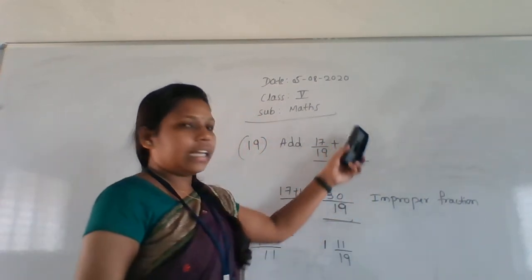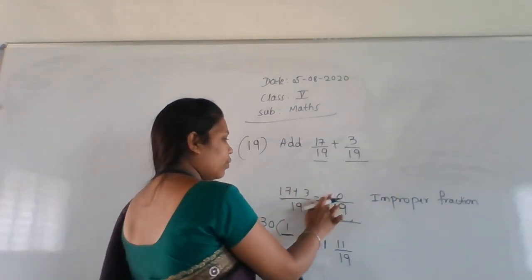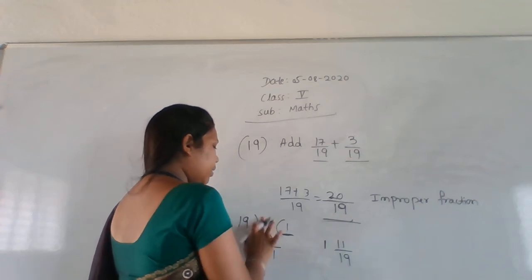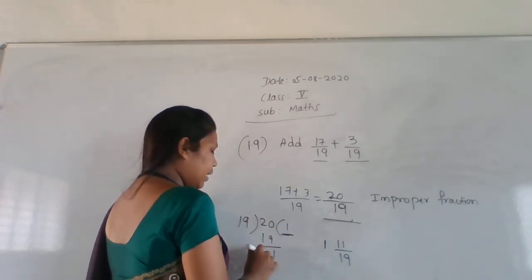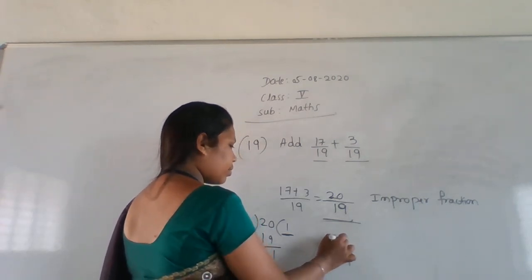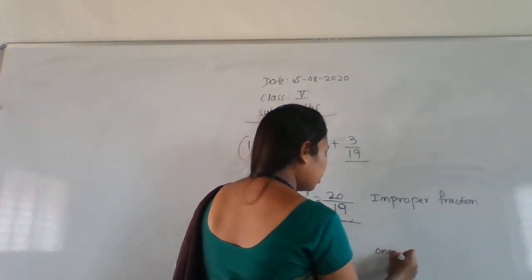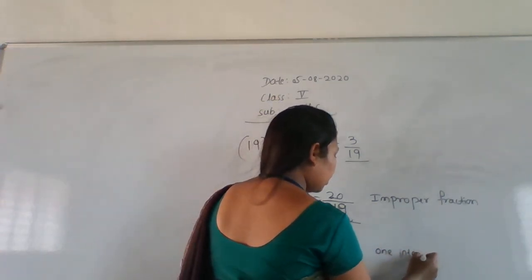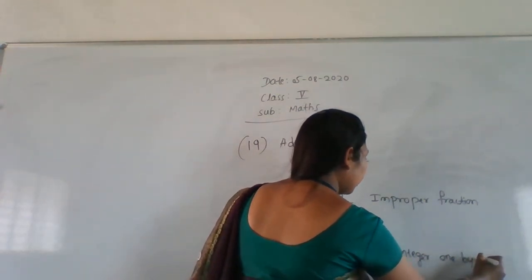So this is also correct, but the question is wrong. 17 by 19, 3 by 19. Again 17 plus 3 is 20. Next, here taking 20, the remainder is 1 only, so it is 1 by 19. How to read this?